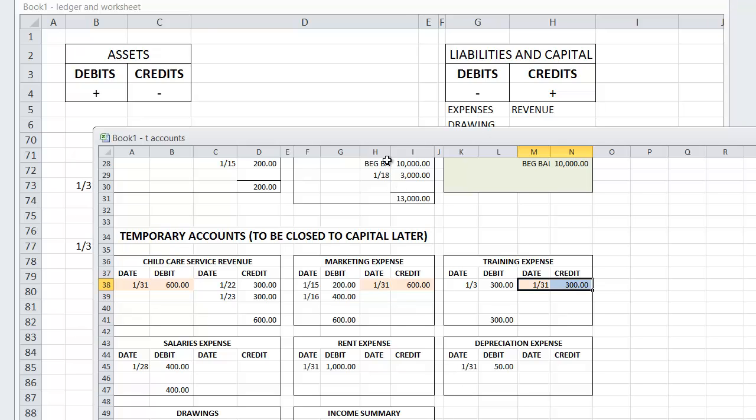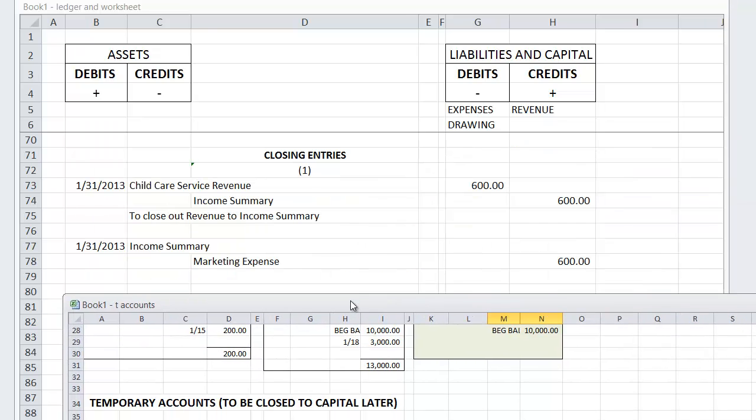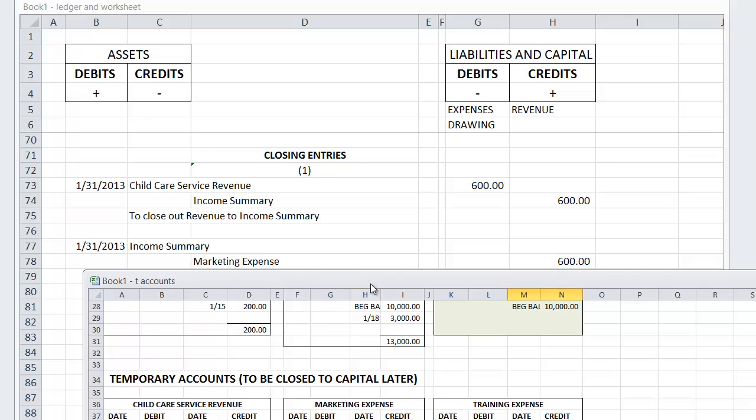We also are going to go ahead and put in salaries expense, and it's salaries expense again 131. $400 credit for us to be able to close it out. You can see what I'm doing. I'm just closing out accounts by doing the exact opposite balance that they have on that line.